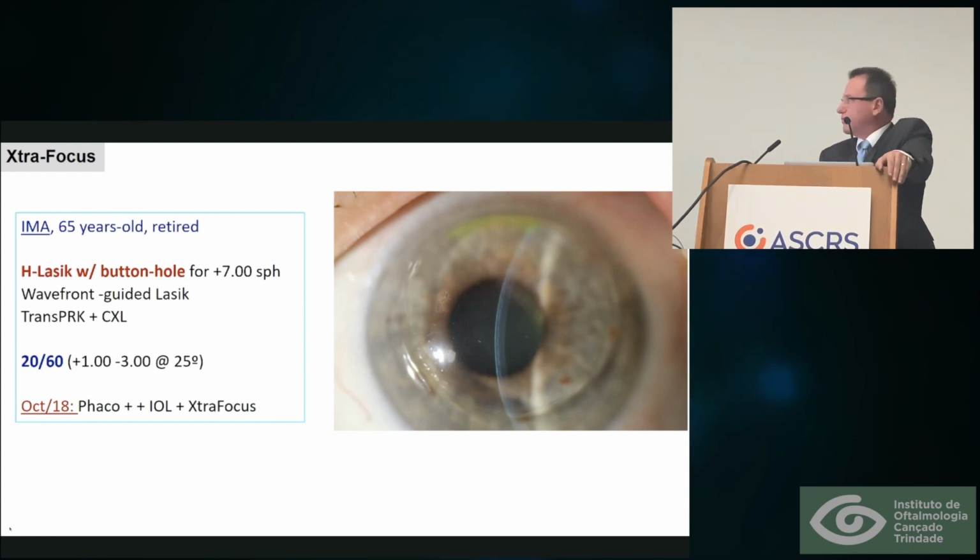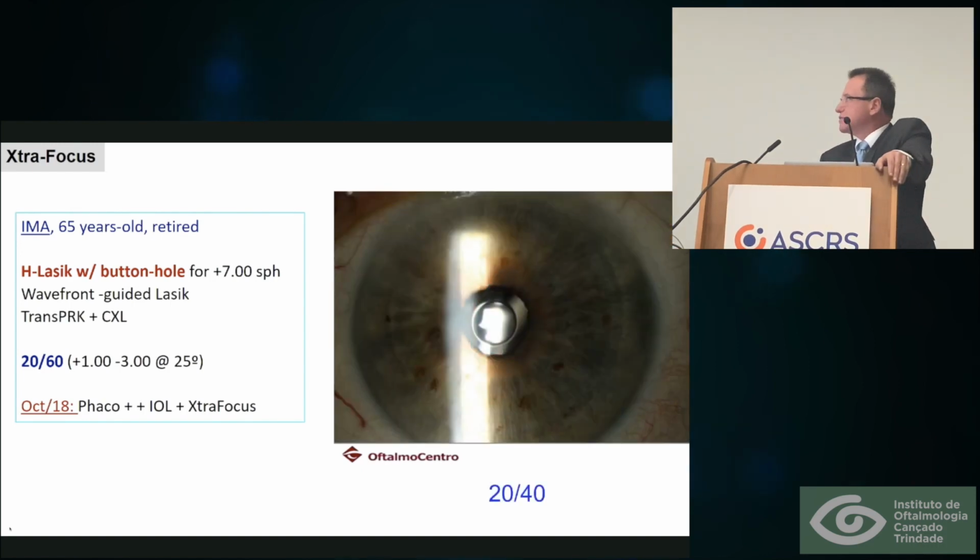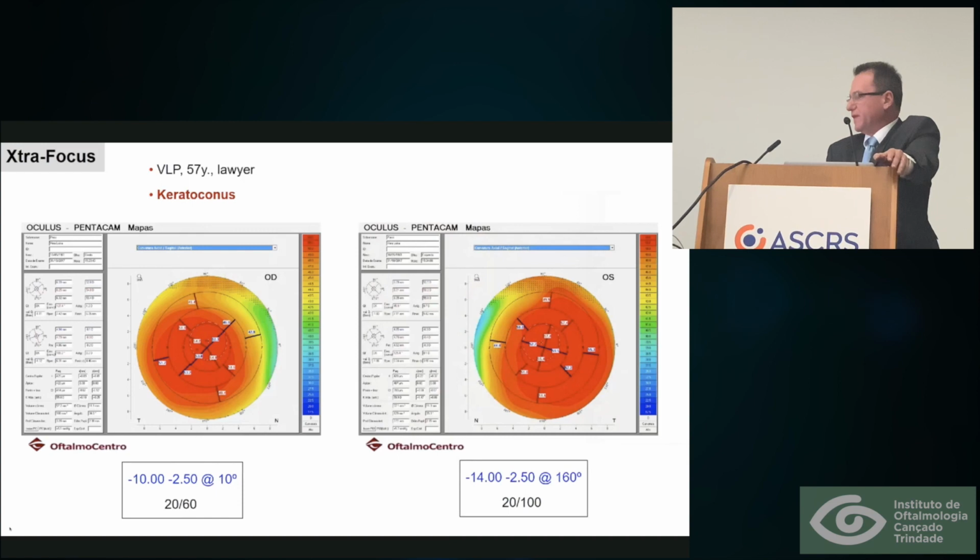Then, when she developed cataract, I performed phaco plus IOL implantation and the extra focus. This is her corneal topography, and this is the post-op with 20/40 uncorrected VA, an excellent result, and she was very happy.